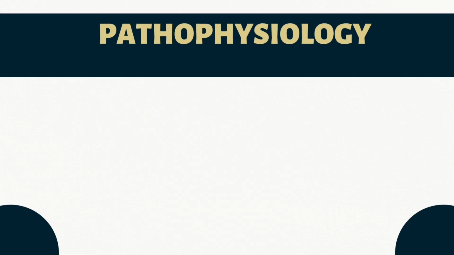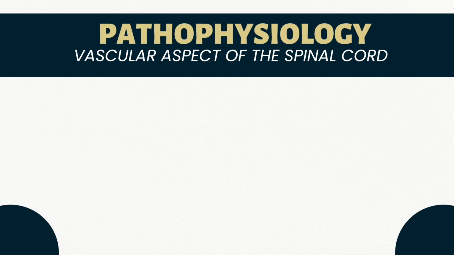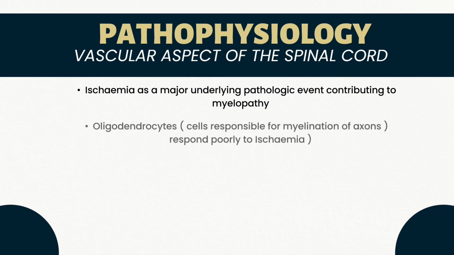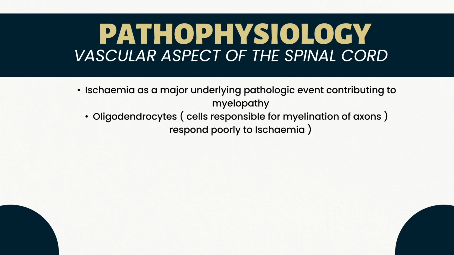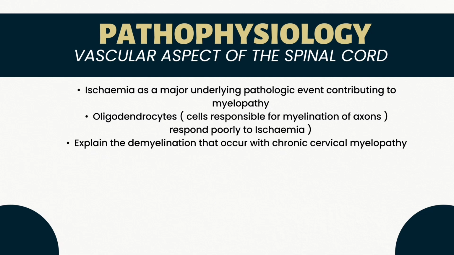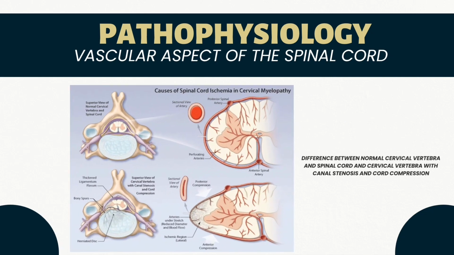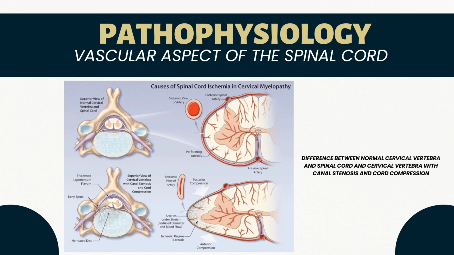The last is the vascular aspect of the spinal cord, where ischemia is a major underlying pathologic event contributing to myelopathy. Oligodendrocytes respond poorly to ischemia, and this may explain the demyelination that occurs with chronic cervical myelopathy. This is the difference between a normal cervical vertebra and spinal cord, and a cervical vertebra with canal stenosis and cord compression.